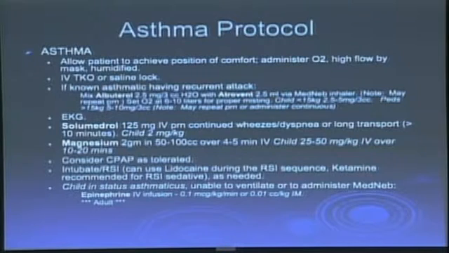Now, a child in status asthmaticus: if you can't ventilate the patient, you're having a difficult time just with your med-nebs, and the patient is in pure status asthmaticus, then we will add epinephrine to it.